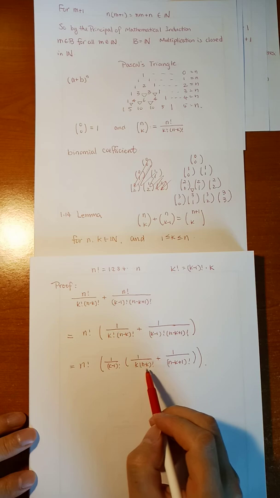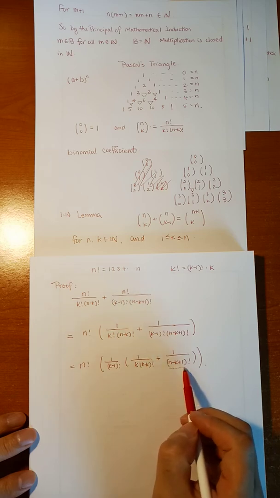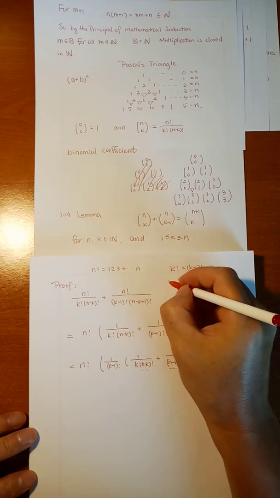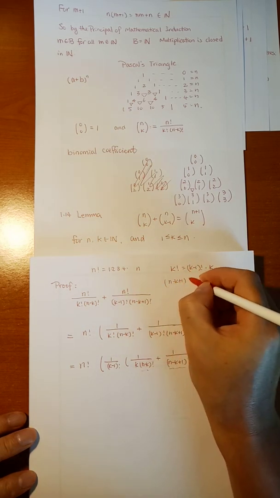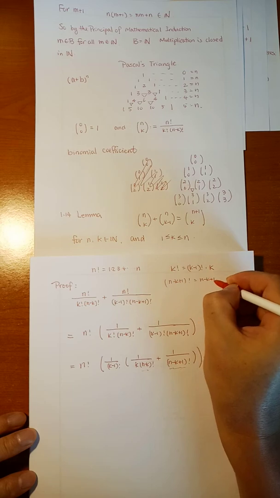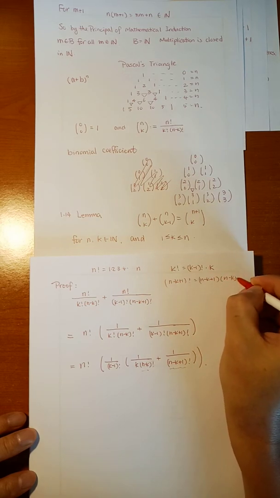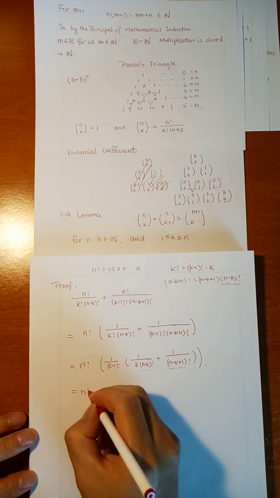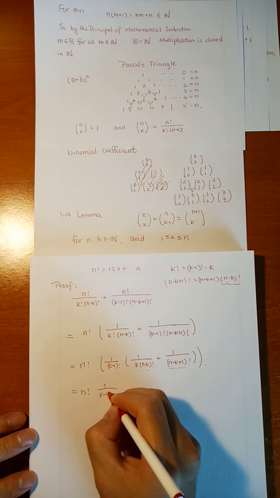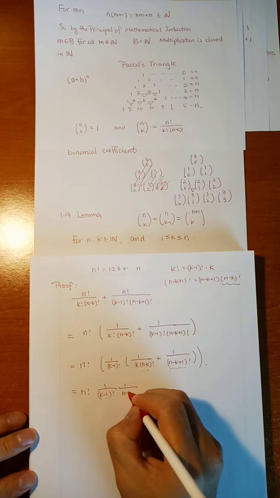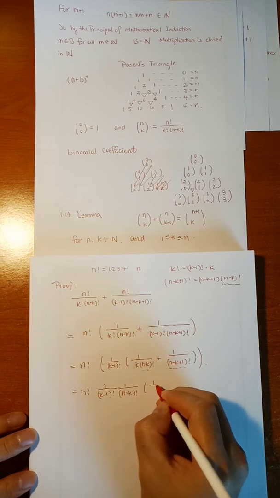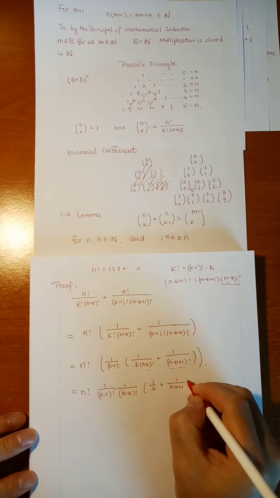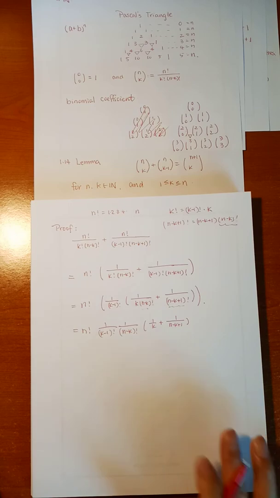And next, this term and this term: n minus k plus 1 factorial is n minus k plus 1 times n minus k factorial. So you have n minus k factorial, so let's factor out n minus k factorial. So you get 1 over k plus 1 over n minus k plus 1. It's like this.